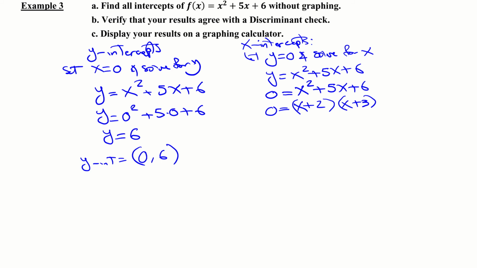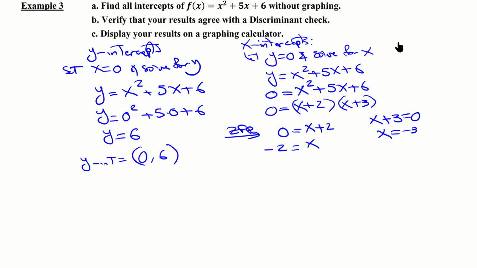So now we're going to apply the zero factor property. So we get x plus 2 equals 0, so x equals -2, or x plus 3 equals 0, so x equals -3. Now, for some reason I set this up on the left side, makes no difference.